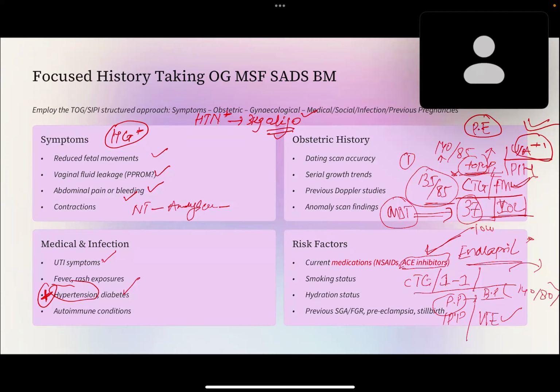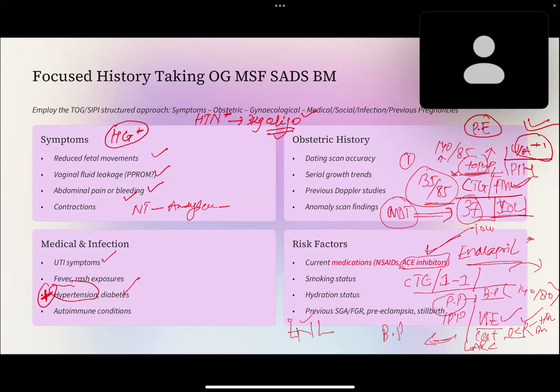VTE prophylaxis, early mobilization and hydration, then contraception, avoidance of OCP because of two things: number one, hypertension, and number two, BMI. You already mentioned. LARC method is preferable for her, and then postpartum follow-up of her blood pressure. If you have time, mention which drugs are suitable: enalapril, nifedipine, and what was the other one?